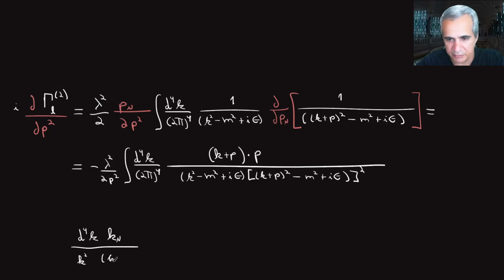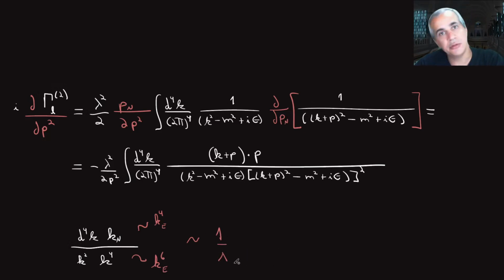So now if I go to Euclidean, this will be like a k Euclidean to the fourth, because I have an extra power here, but I got 2 extra powers in the denominator. And now this goes like 1 over a hard cutoff. So when I take this to infinity, this goes to 0. So the integral converges. And I got that just by taking the derivative.